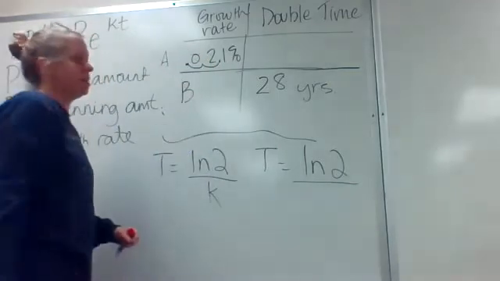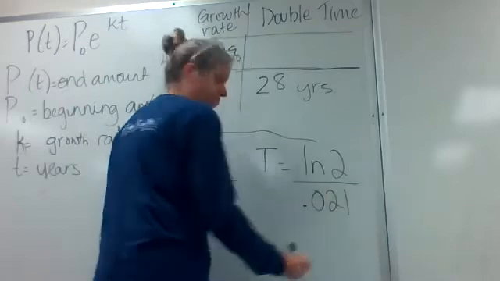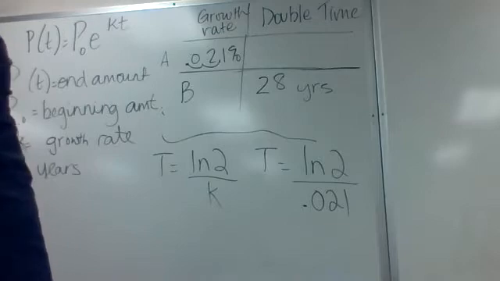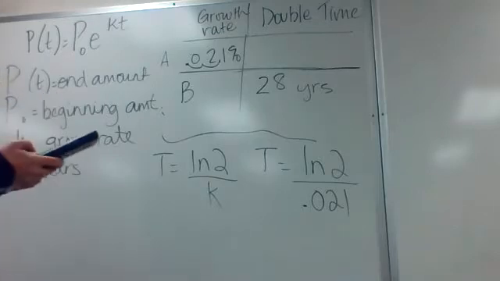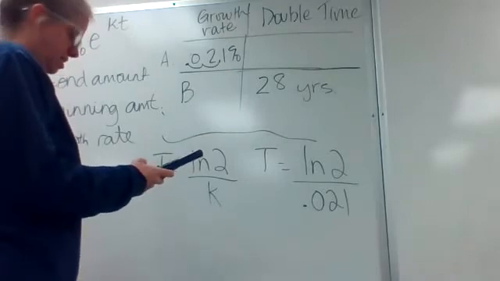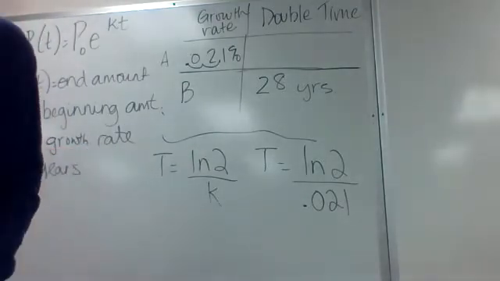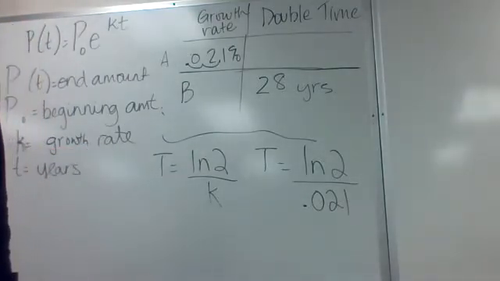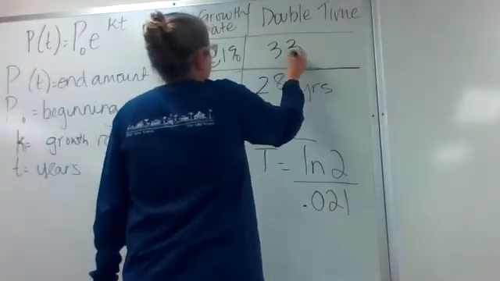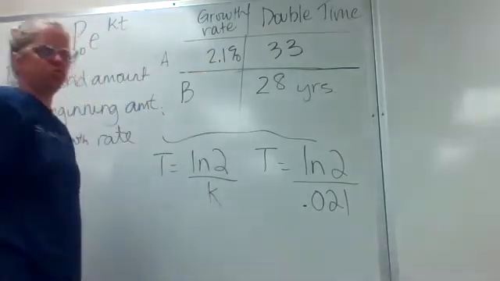So it's going to be 0.021. We're going to round this doubling time to the nearest whole number. So ln of 2, close it, divide it by 0.021, equals, rounding to the nearest whole number. So it's 33.0. So it'll be 33 years to double, growing at 2.1%.